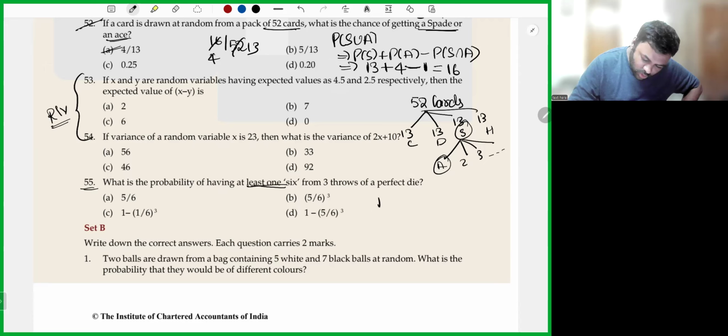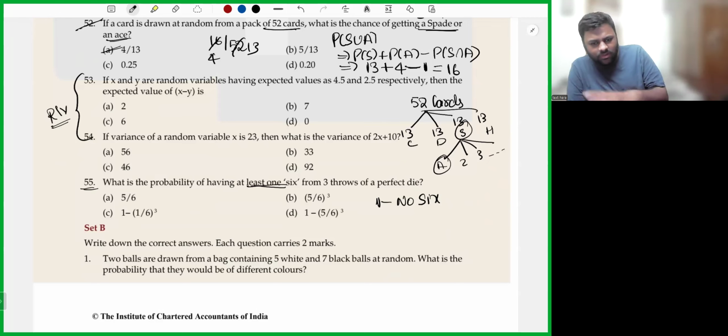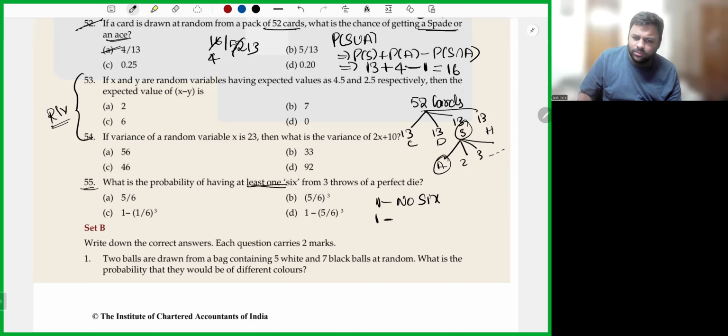1 minus no 6. I said, probability of favorable cases will be 1 minus unfavorable cases. So here also I'm doing, whenever at least is given, we'll not do directly. Because at least 1 6 means you can have 1 6 or 2 6 or 3 6s. That's the reason I'm doing 1 minus no 6. So 1 minus, what is the probability of getting 6?